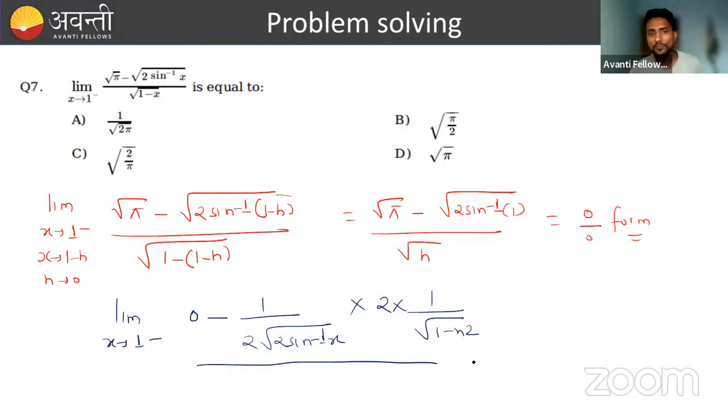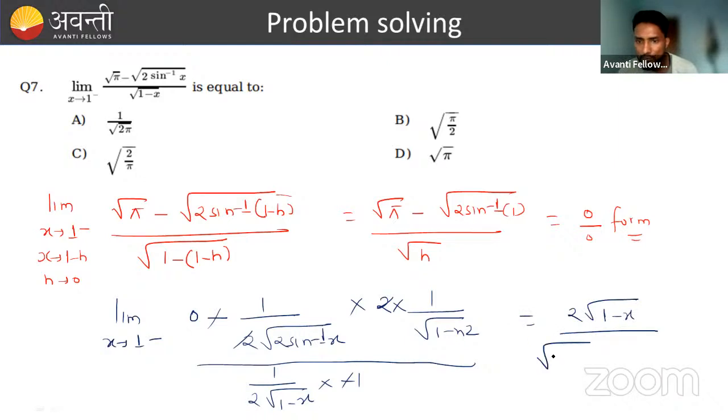Similarly, in the denominator, it will be 1 by 2 root 1 minus x, and again the derivative of minus x, so this is minus 1. The minus and minus cancel out, and this 2 and 2 cancel out. The 2 root 1 minus x will go to the upper side, and this root 2 sine inverse x will be written like this, and root 1 minus x.